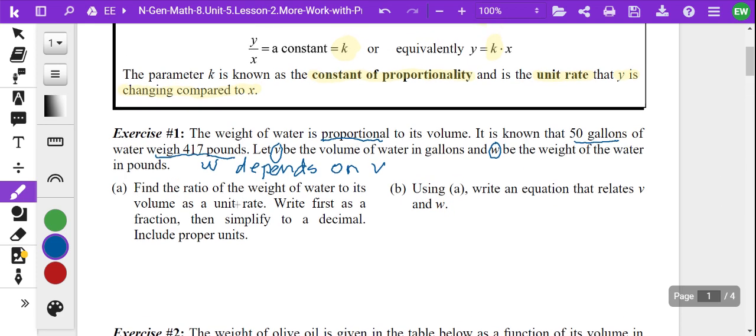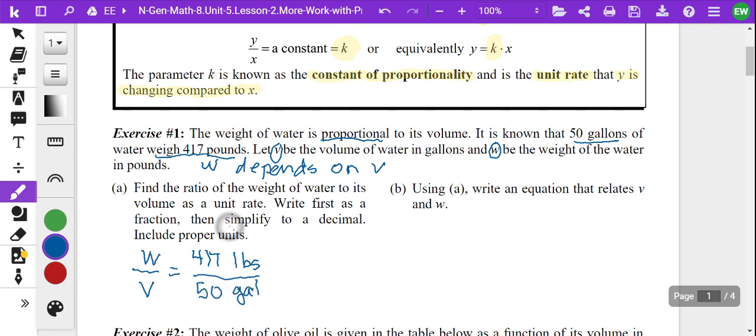So the ratio of the weight of water to the volume. So the weight over the volume. If we go back to the problem, we know the weight is 417 pounds, which is written LBS, for every 50 gallons of water.